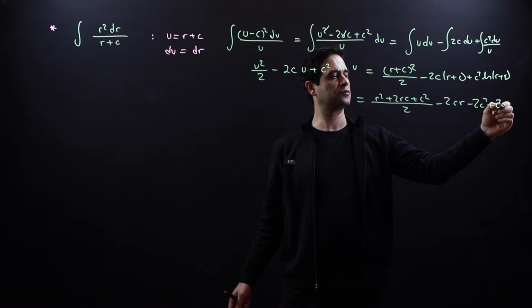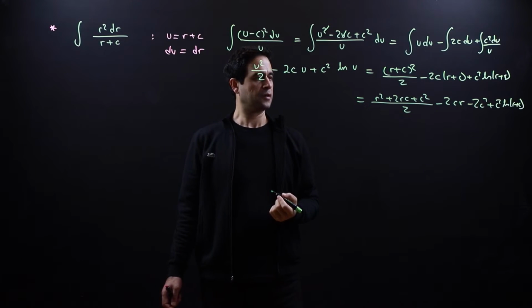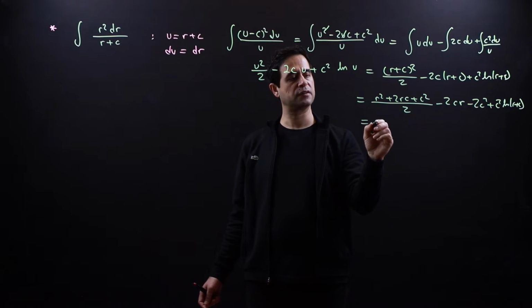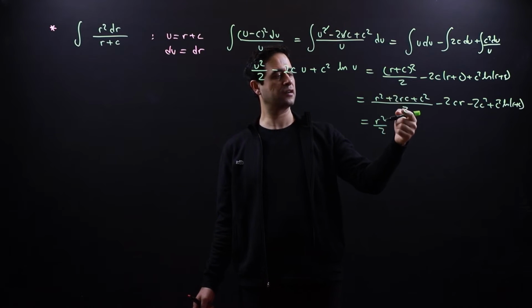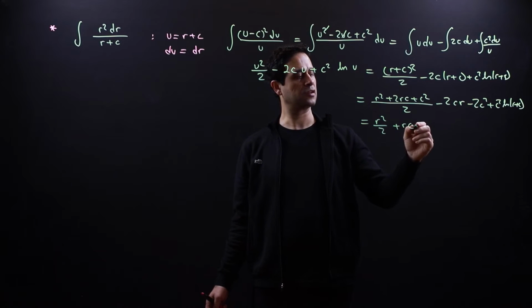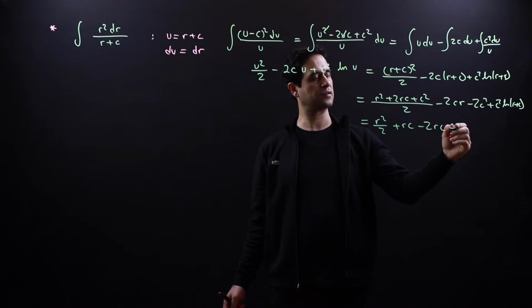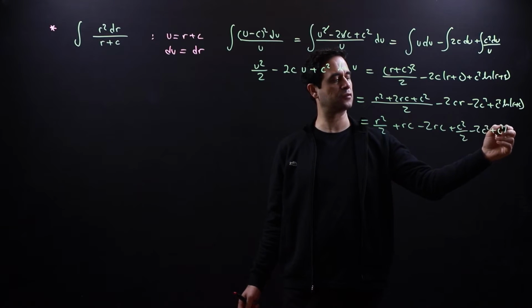Plus the last term does not change, logarithm of r plus c. Okay, so now you see the first term, which is at the order of r squared, is r squared over 2. The second term, you see 2 cancels 2, you get rc here. And you get minus 2rc from here. And you get plus c squared over 2 minus 2c squared plus the final term.